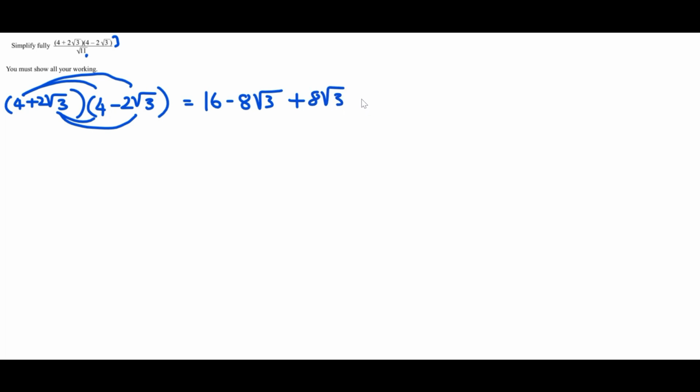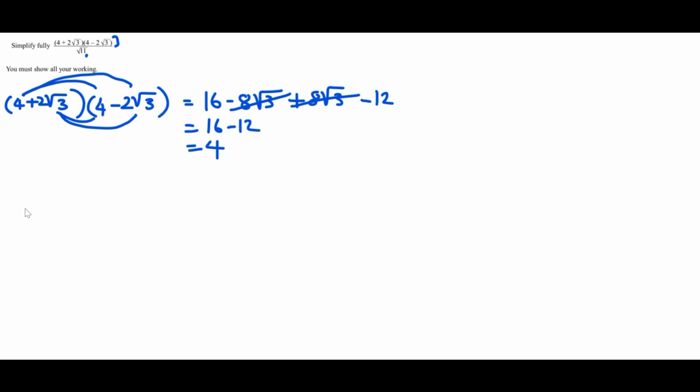Plus and a minus is a minus. 2 by 2, 4 times by 3 is 12. Now minus 8 root 3 and plus 8 root 3 cancel out, so we're left with just 16 minus 12, which gives us an answer of 4.